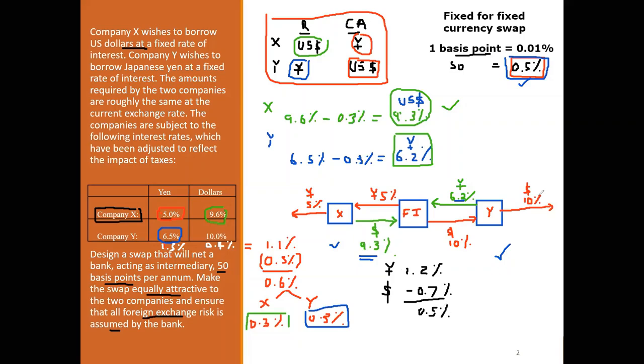This 0.5% return has been paid to the financial intermediary, but not in the same currency. The financial intermediary has got it in two different currency values. Because of this, we say that the financial intermediary is exposed to two currencies, so it is exposed to the exchange rate risk.